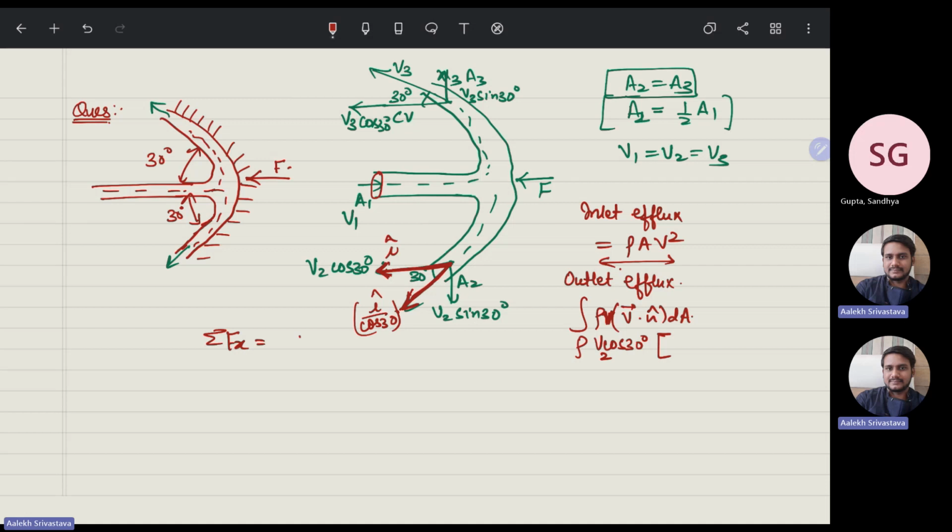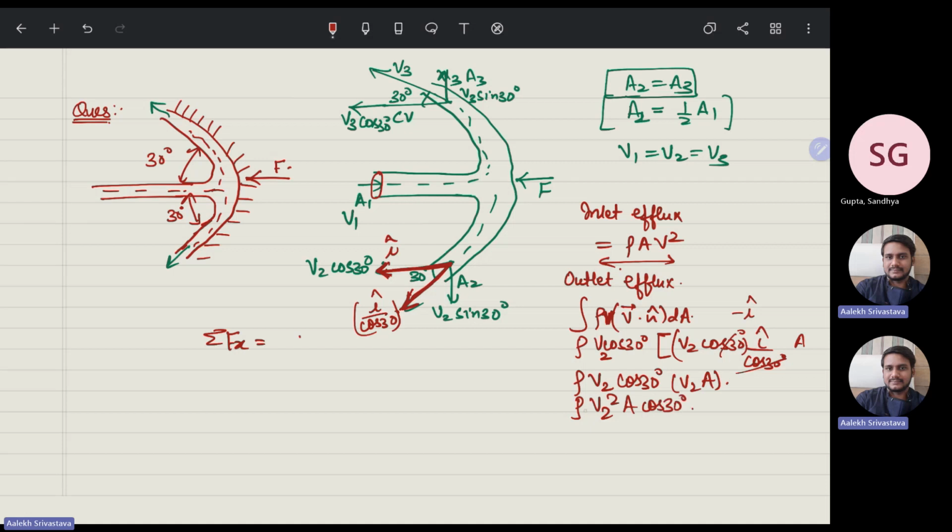So simply it will be V2 cos 30 into, that is also in negative i cap, and this is also in negative i cap divided by cos 30 into area. So it is rho V2 cos 30 into V2 into area. So this is equal to rho V2 square area into cos 30.